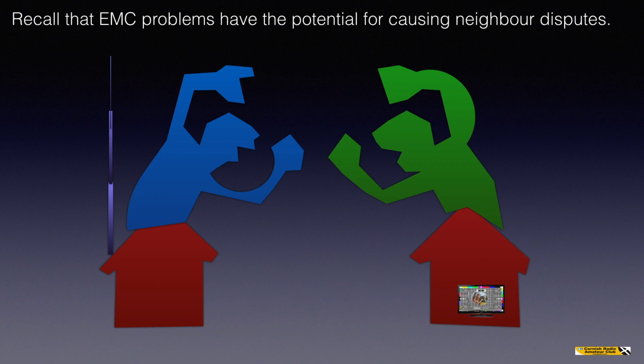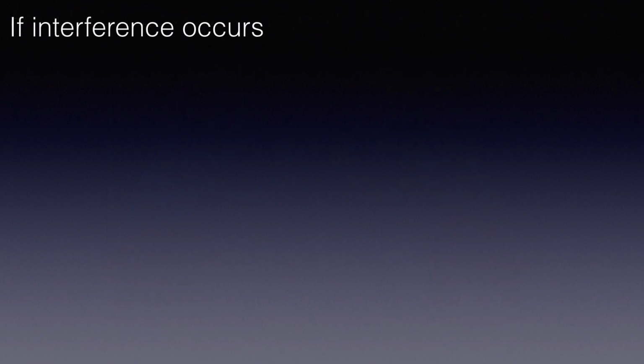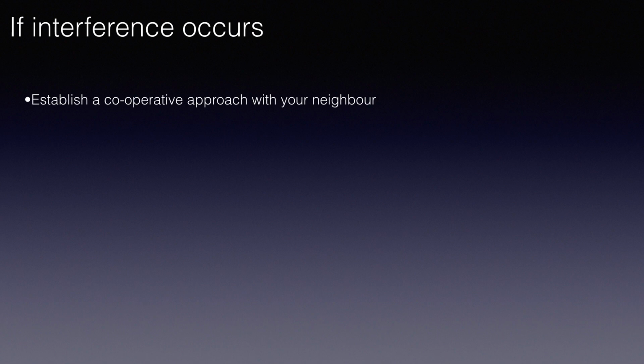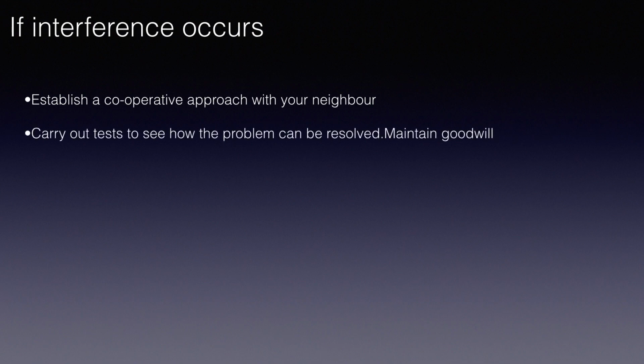So finally then, recall that EMC problems have the potential for causing neighbour disputes. So if this happens, if interference occurs, firstly establish a cooperative approach with your neighbour. Carry out tests to see how the problem can be resolved if you can, but above all, maintain goodwill.